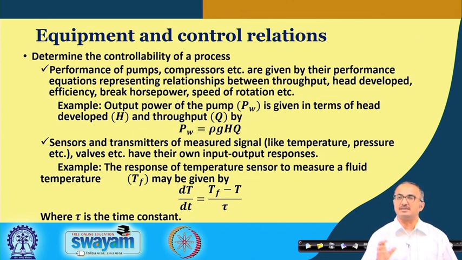These dynamics, how the temperature is changing and how a sensor responds to a new ambience around it, are given by a relationship, one of which I have shown here. Here you can see the parameter tau, the time constant, and this time constant tells us how fast a particular sensor reacts to changes. These are equations which correlate the input and output.